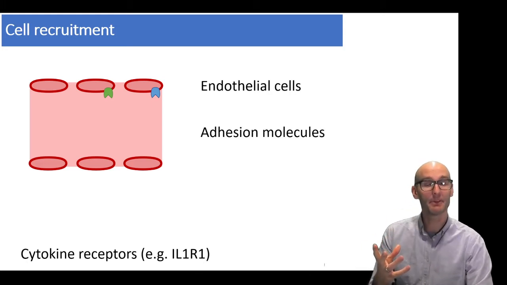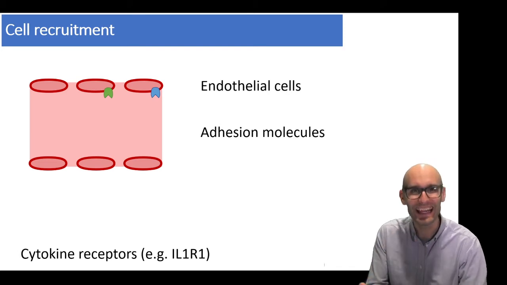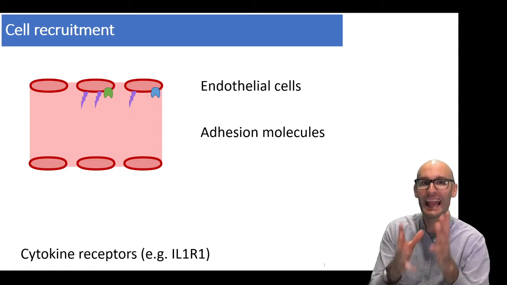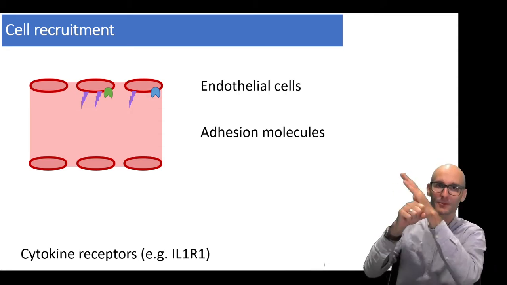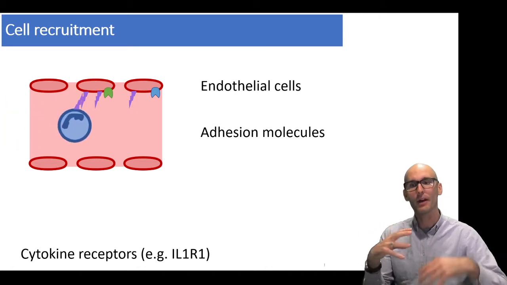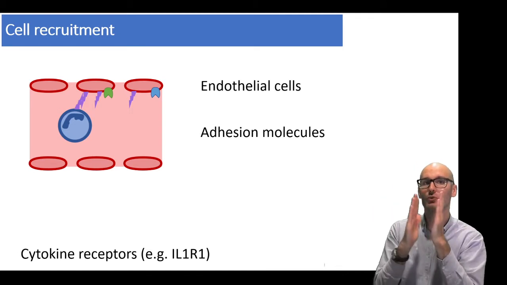The other thing that happens upon activation of these cytokine receptors is the expression of adhesion molecules. So the endothelial cells will now shoot out an adhesion molecule, and it will be expressed on the surface of that endothelial cell. And now an immune cell, like a neutrophil, can come along and those adhesion molecules will now stick.